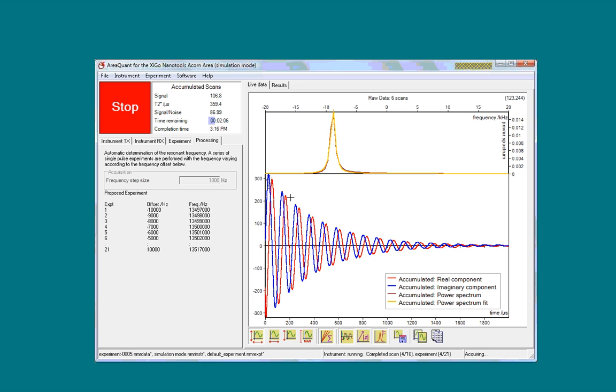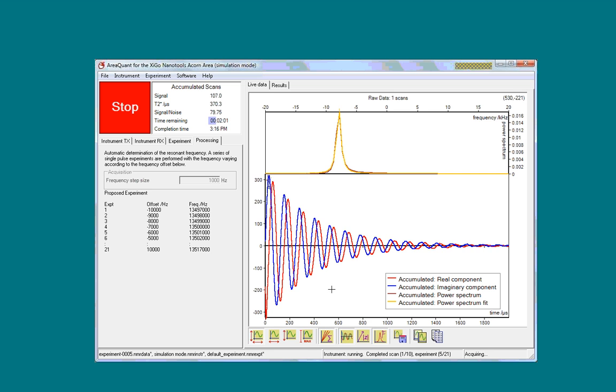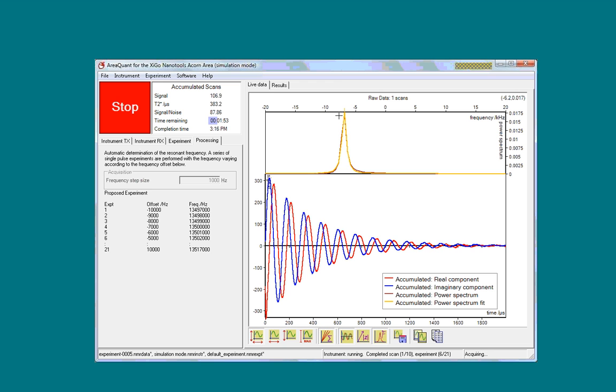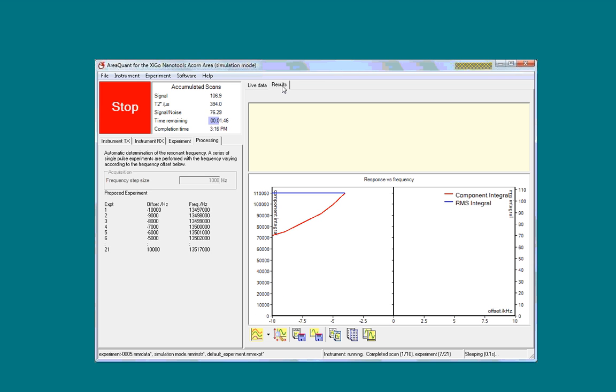You see that the number of cycles in the free induction decay that we observed is decreasing as the peak in the power spectrum is moving closer to the actual resonant frequency. And if we look over here, you see this behavior, that we're going to see a sharp peak in the component integral at the resonant frequency.